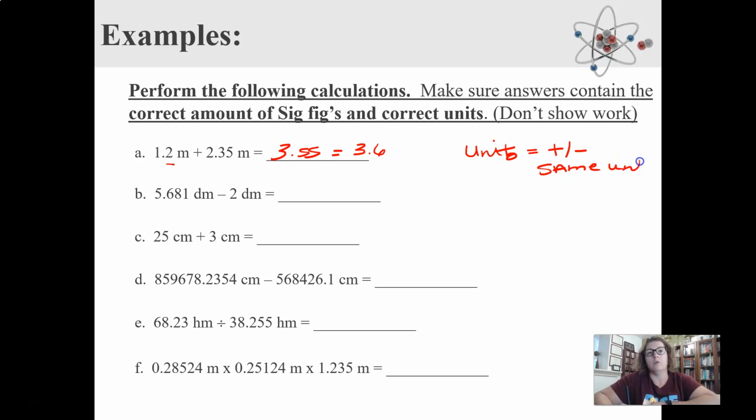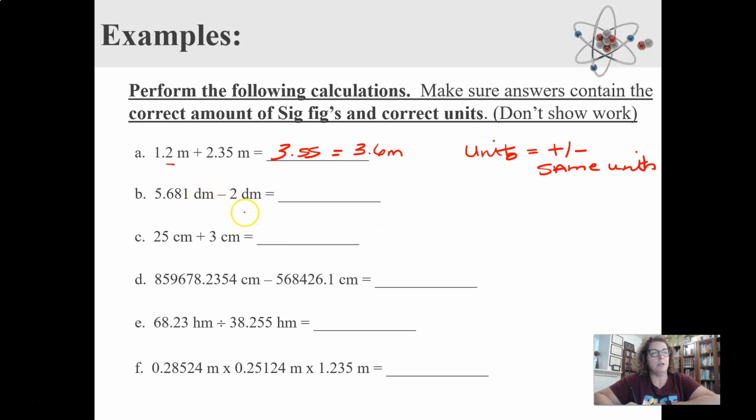So if we do come to a problem where we have to convert something, then we'll convert it. But like I said, there is a video on here called units, and I think there's one also called converting units. So I have meters plus meters, so my answer is 3.6 and then a little m. Okay.